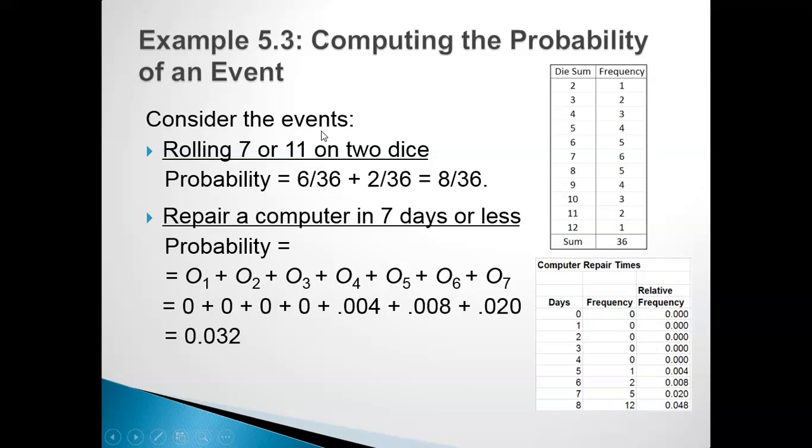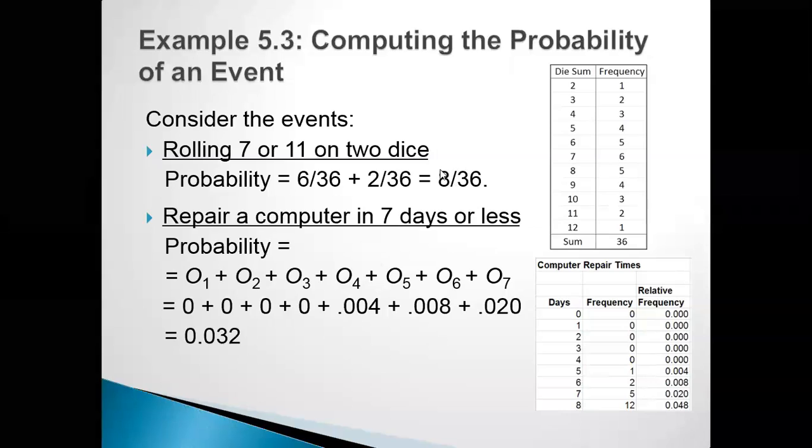The probability of this event is 6 by 36 plus 2 by 36, as per the rule. When you add all the outcomes in a particular event, you get the probability of that event.